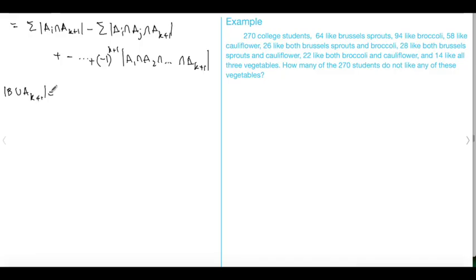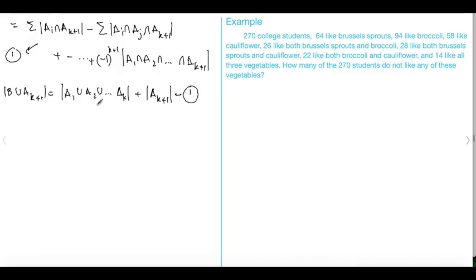This is equal to the cardinality of B, where B is A1 union A2 union up to AK, plus the cardinality of AK plus 1, minus equation 1.